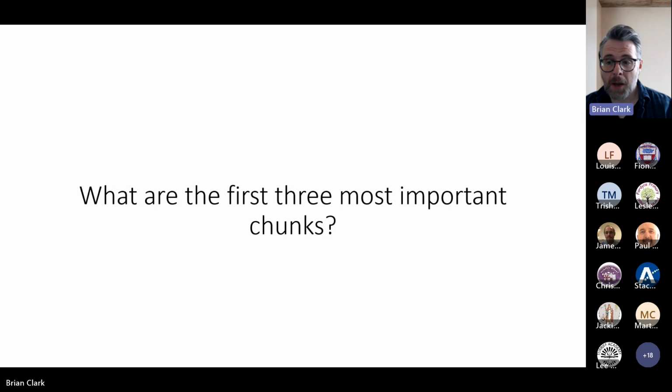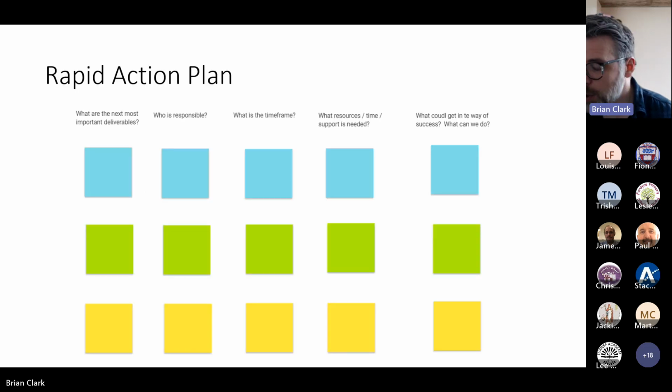A rapid action plan is similar to things you've done before, but it asks us to be much more precise about things like who's doing what and what the time scale is. It also asks us to consider resources, and what problems might occur for that particular task and what we can do to mitigate those problems.